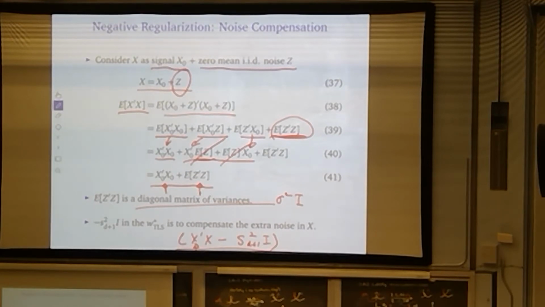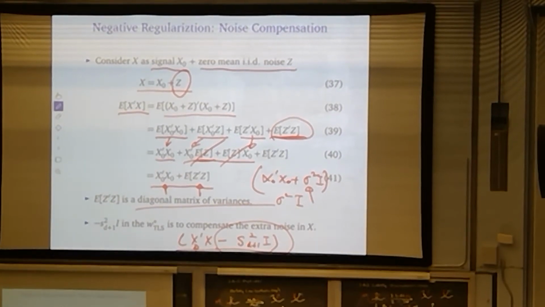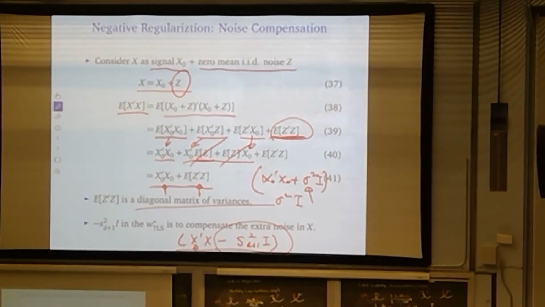X transpose X is essentially x0 transpose x0 plus some noise, sigma square I. And the TLS is trying to peel off some of the noise from it. That's why it subtracts SD plus 1 by this amount. Why this amount? Only after peeling this much do they lie on the perfect line. They become linearly correlated. When I make such an adjustment, X plus EX and y plus EY line up on the linear space.